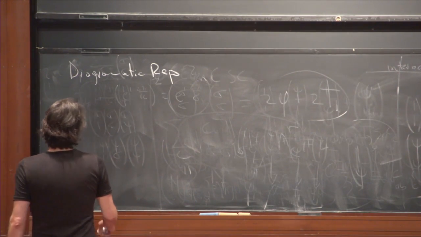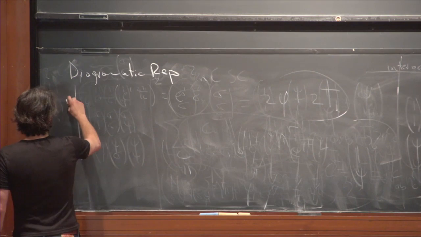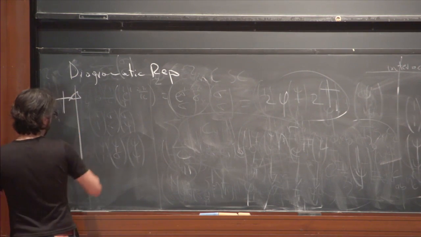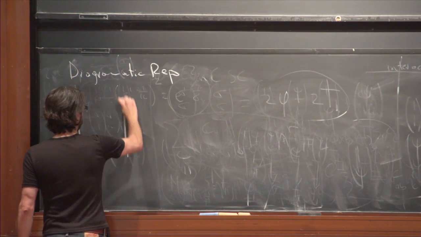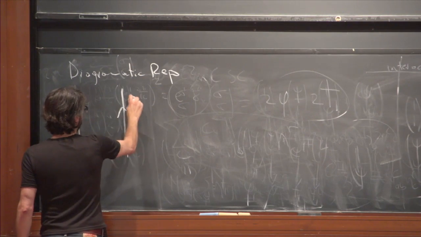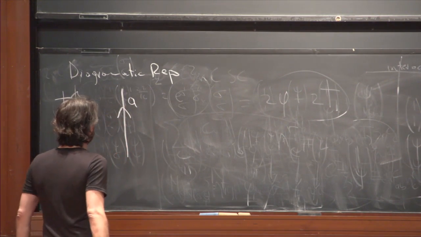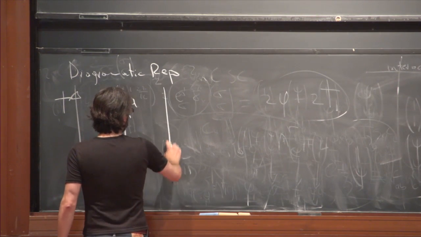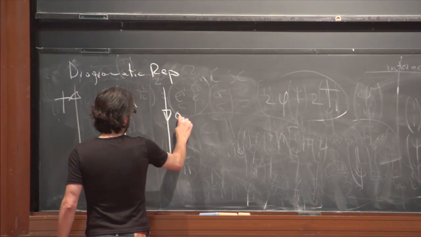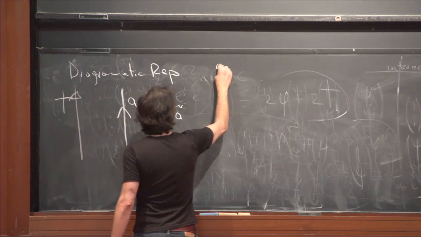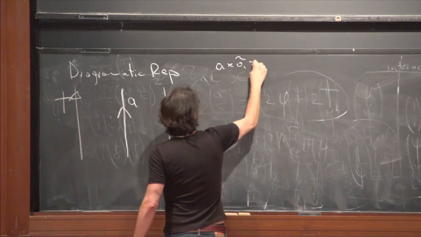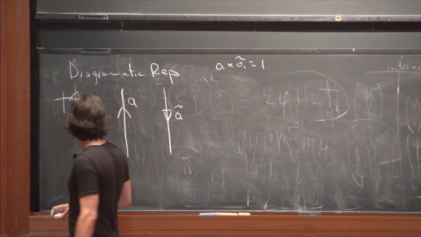So what we're going to say is that this is the time arrow, and a particle A moving forward in time, we're going to call an A line with an arrow. Now, of course, this is equivalent to an antiparticle, A tilde, moving in the opposite direction. Why?